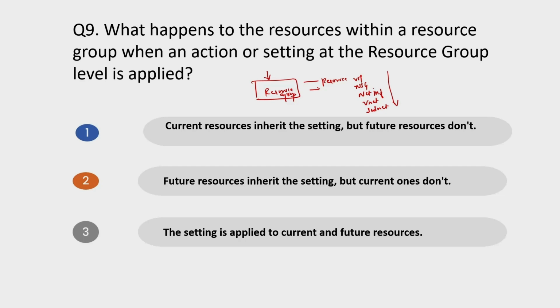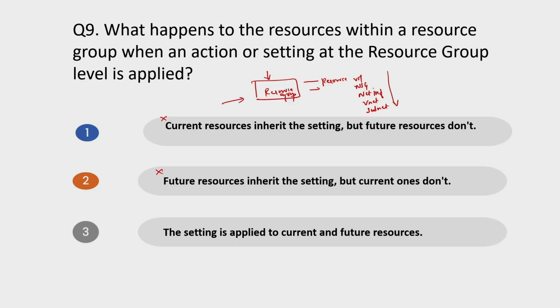So let us see the answer one by one. Current resources inherit the setting, but future resources don't. So this will be wrong answer, because whatever resources are there inside the resource group, all the resources will inherit the same setting. Future resources inherit the setting, but current ones don't. So this is also wrong answer. So the right answer is the setting is applied to current and future resources.